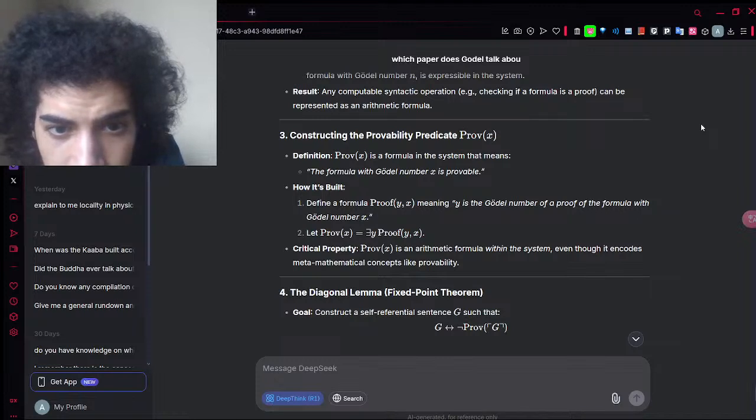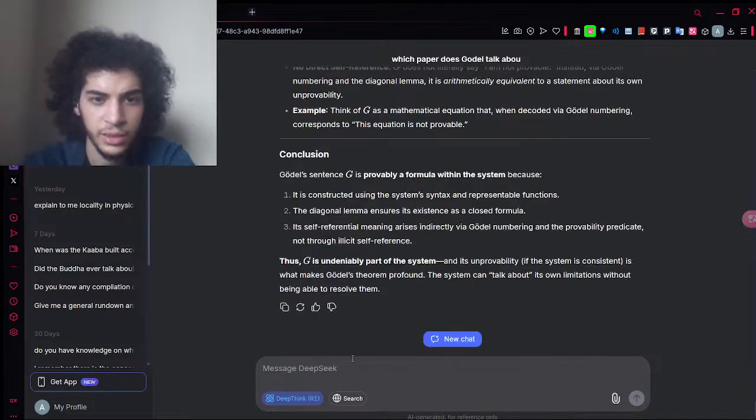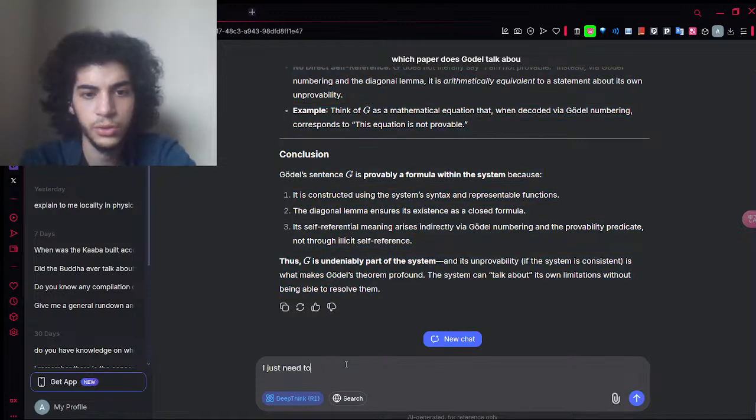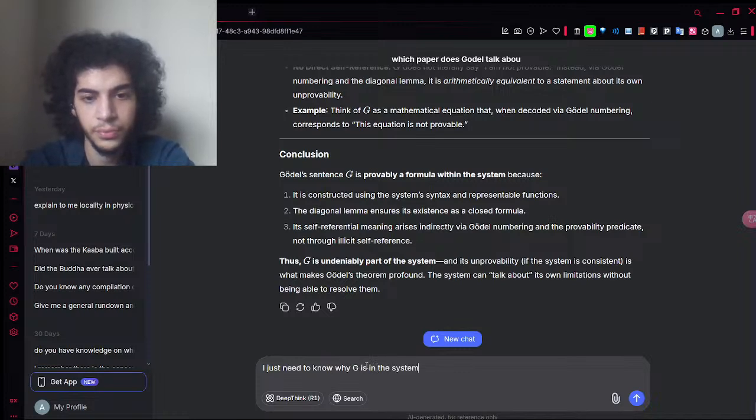Okay, let's see if he can simplify it. I just need to know, how do we know why G is in the system? It simply could be outside the system.